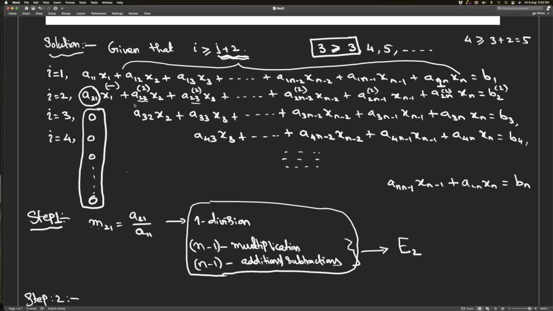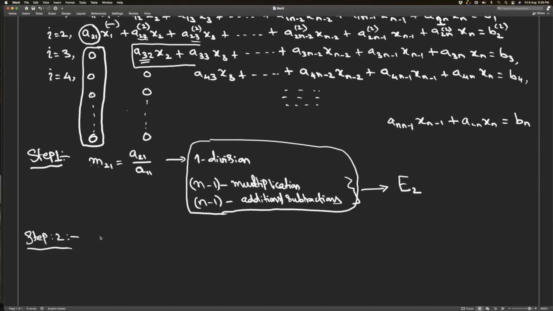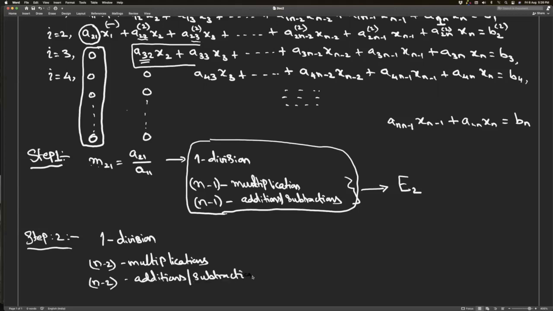In step 2, you will perform the calculation only for the third equation, because only this term is not given to be 0, whereas all other terms are given to be 0. So from the fourth equation onwards we will not touch; only for the third equation does one have to perform the elimination process. Therefore, at this step, you have one division, n minus 2 multiplications, and n minus 2 additions or subtractions, right?